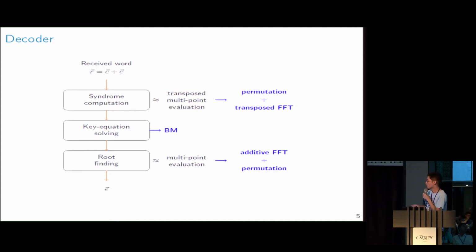So what we can actually use to implement these two stages is an FFT algorithm, actually an additive FFT algorithm. But in order to use this FFT algorithm to do multi-point evaluation, we encounter some problem, because this FFT induces some standard order of the output, which is different from the original output we want.